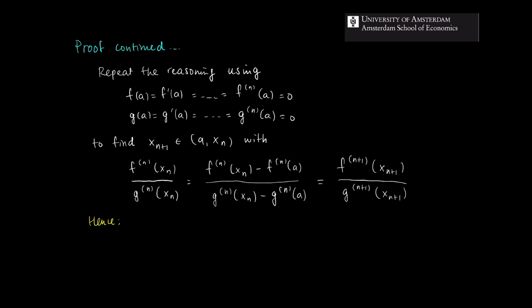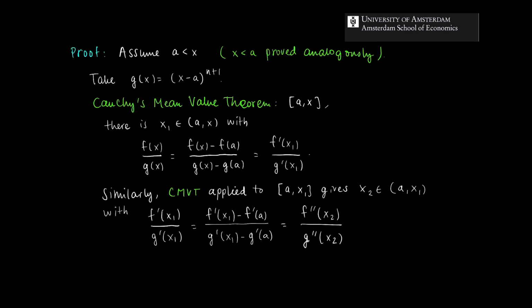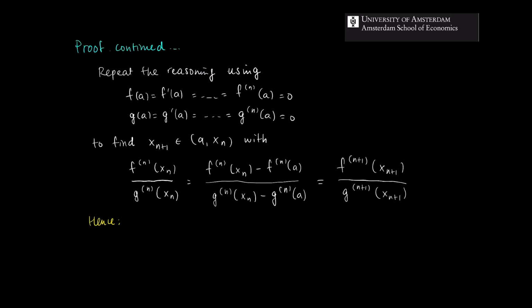Okay, but now return to this function. So g is (x − a)^(n+1). Imagine what happens if we calculate the derivative of this function n+1 times. Then the only thing that is remaining is (n+1) factorial.